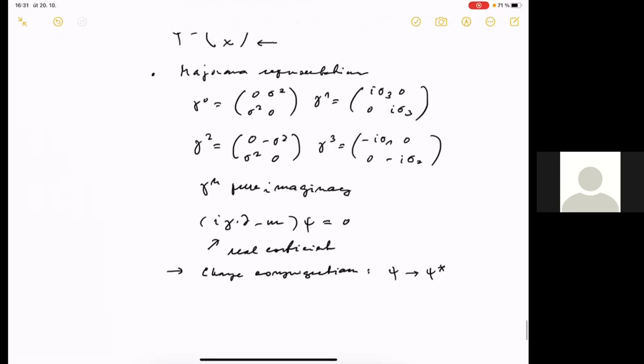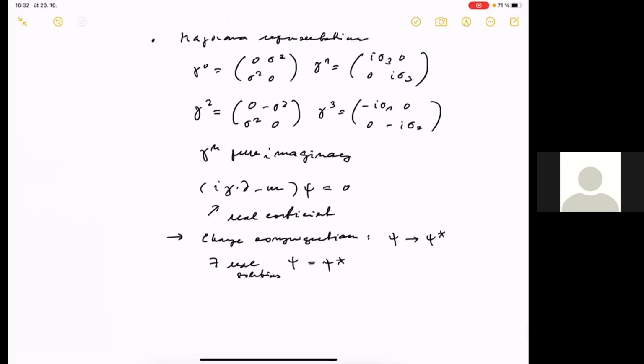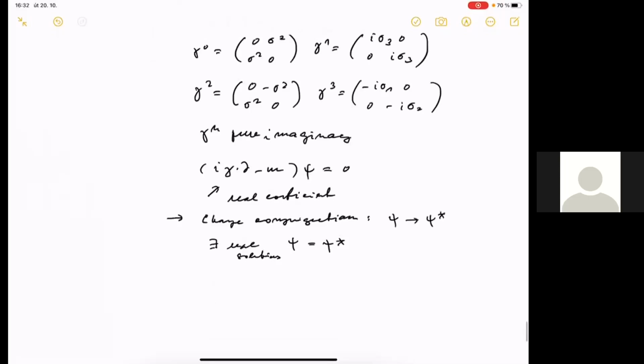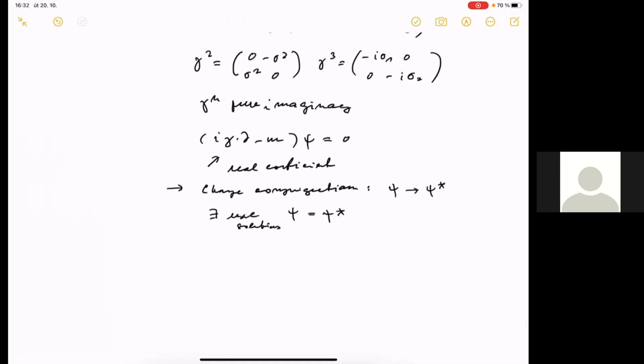So in this case, you can choose psi to be real, real solutions exist, so that these solutions are then invariant with respect to such complex conjugation. Such solutions are associated with neutral particles. We will return to this later when we show how these so-called Majorana spinors appear in the context of quantum field theory.